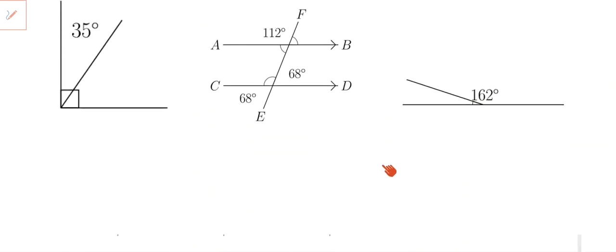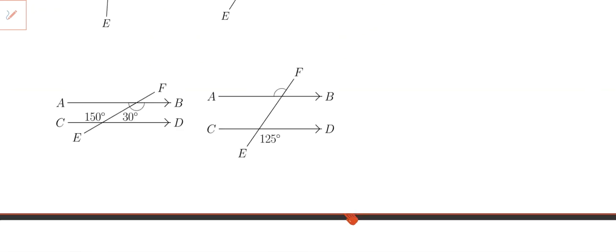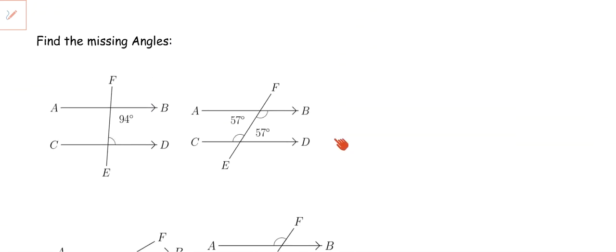You can get on with the rest of those questions. By the way, when it says find the missing angles, the sheet is a little difficult to produce, but wherever you see the angle, you could draw a little arc where that angle is.